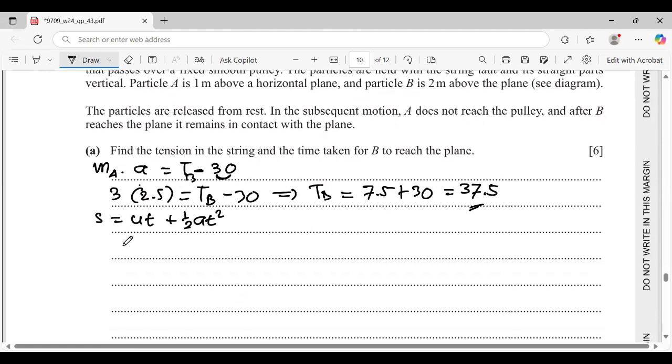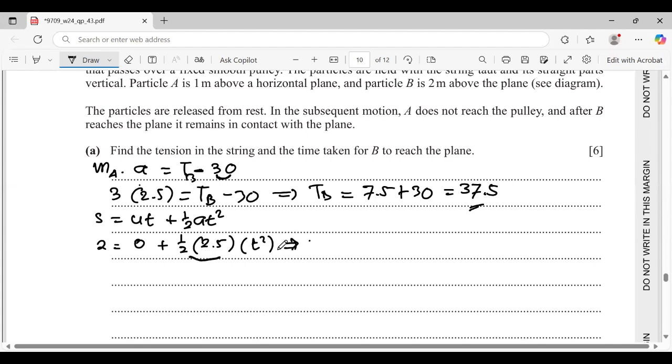Okay. So s equals 2, because on part B, the distance of the particle is 2 meters. Initial velocity is 0, so s equals 0 plus 1/2 times 2.5 times t squared.